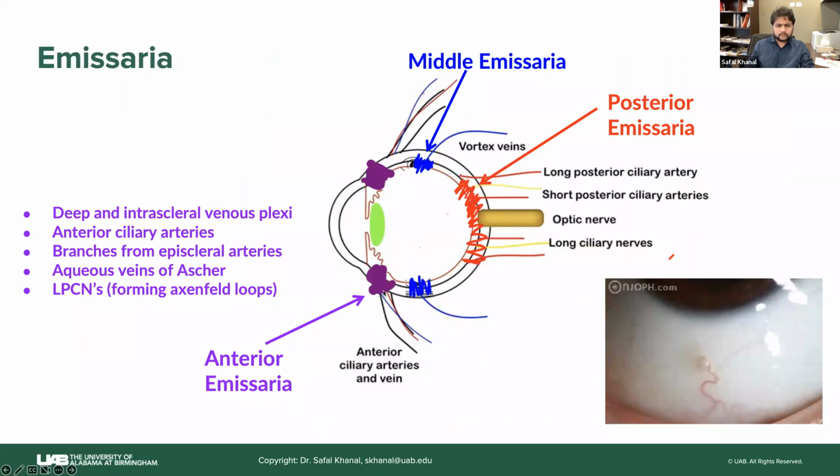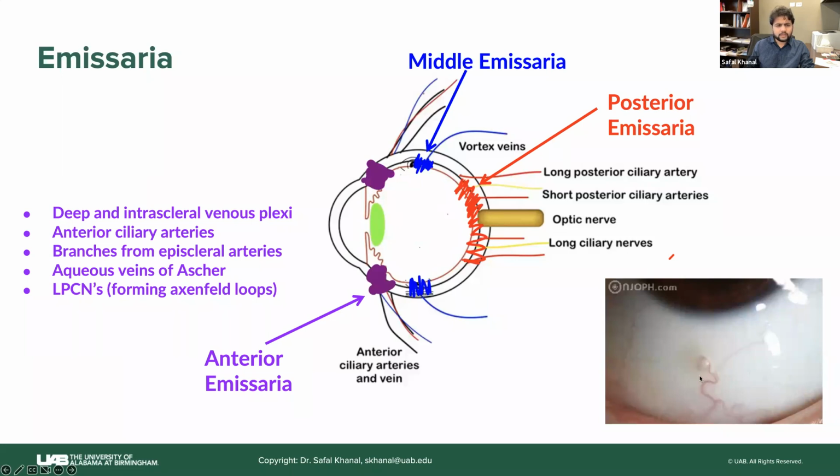Anterior emissaria, through which the anterior ciliary arteries and veins pass. There is your middle emissaria, through which the vortex veins pass, and posterior emissaria, through which the long and short posterior ciliary arteries pass.